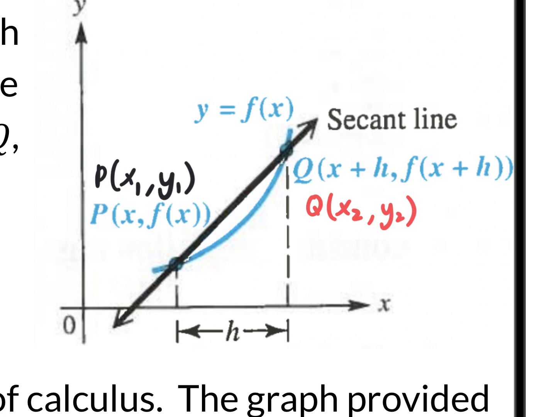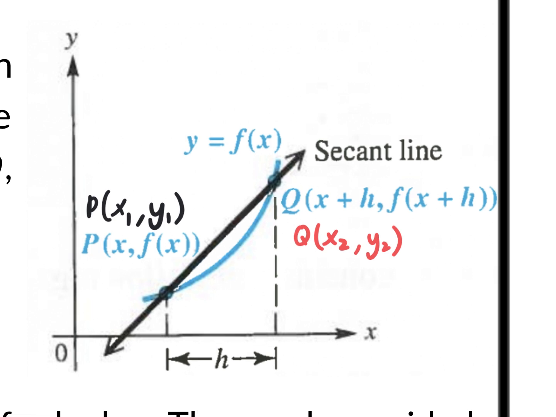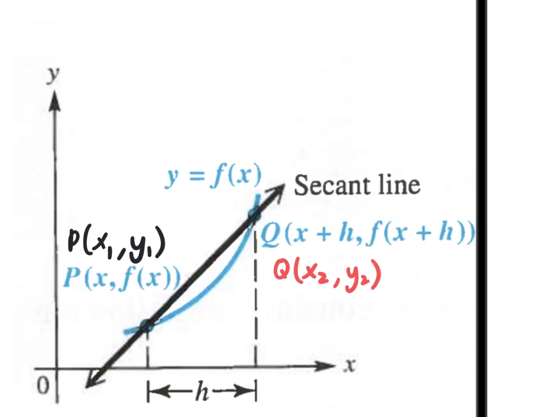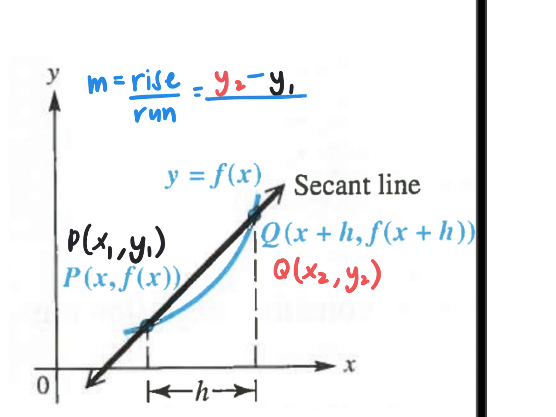So if I wanted to find the slope, our equation for slope between these 2 points, well, first of all, what is our letter that we normally use for slope? M. A lot of you remember rise over run, but if I was writing this out in terms of the notation that I just gave you, that would be y2 minus y1 all divided by what? x2 minus x1.